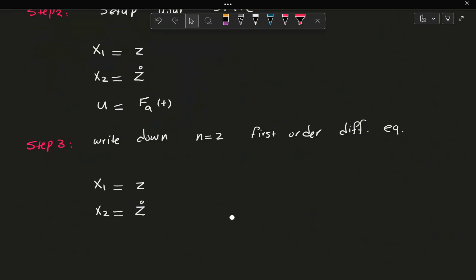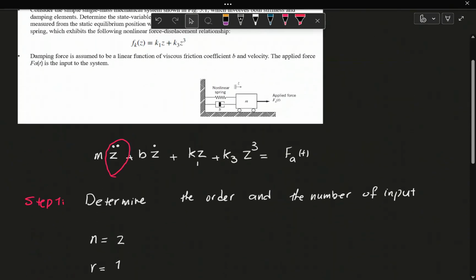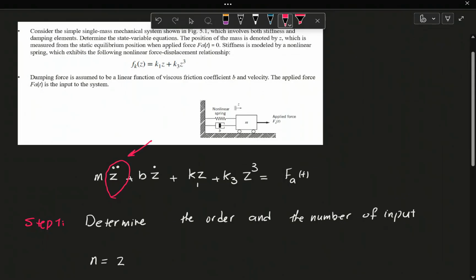Anytime the maximum order derivative happens to be on the right hand side, I would isolate it from the dynamics of the system and bring it here. So x1 dot equals z dot. Z dot is not the maximum order derivative, so I'm okay here. X2 dot equals z double dot. Z double dot in your dynamics is the maximum order derivative, so isolate it from the dynamics of the system and bring it down below.